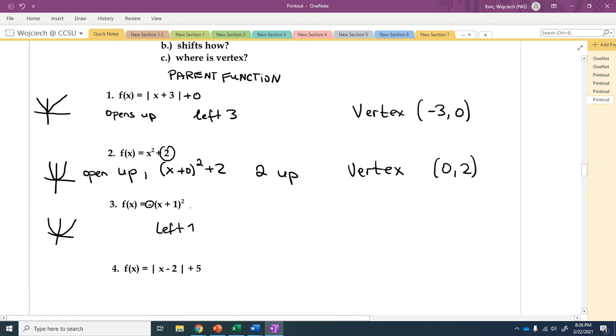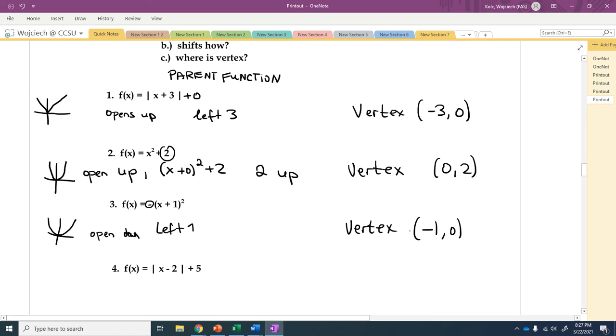The answer is no, because there is no k. But also, this negative tells me it opens down. Okay, so this function will open down. So my new vertex, since I'm moving left, it will be -1. I'm not moving up or down, so it's 0. And the negative sign in front of the parentheses really tells me that the parabola will open down, but it's not going to really affect the vertical shift.